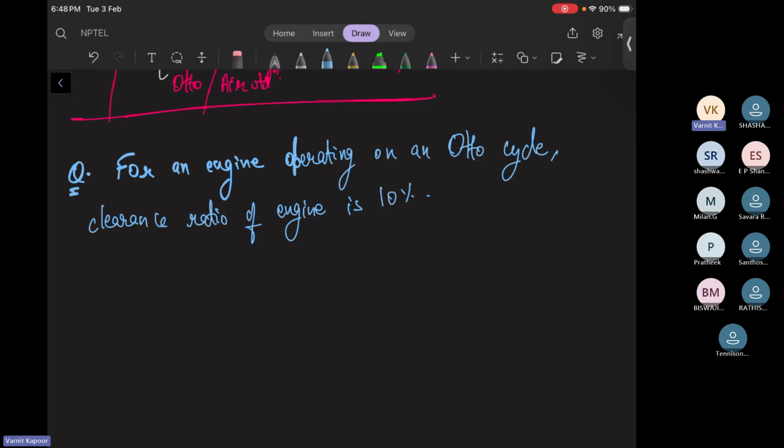Clearance volume of the engine is 9225 centimeter cube for a 6-cylinder engine.